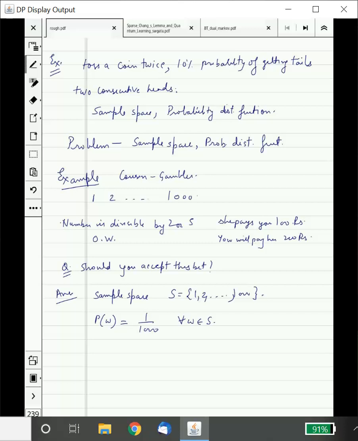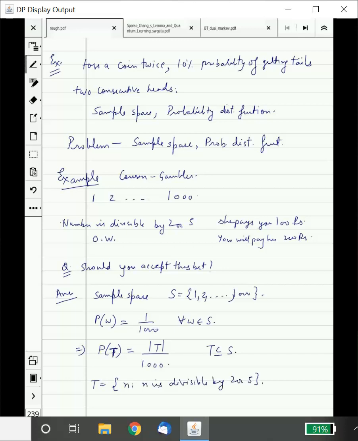This implies that the probability of a subset, let's say T, of the sample space would be the size of T divided by 1000. And what T are we interested in? T is the set of all numbers n such that n is divisible by either 2 or 5.